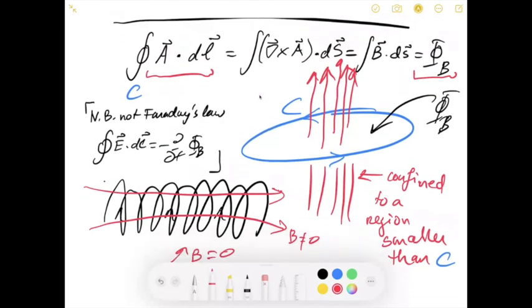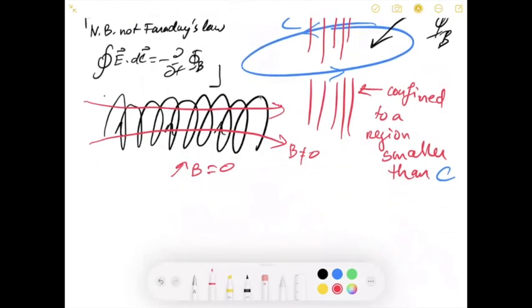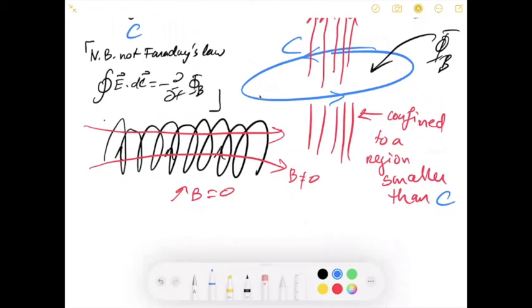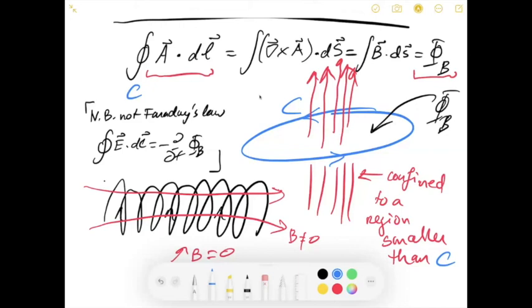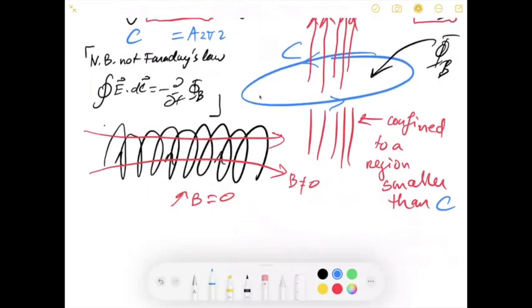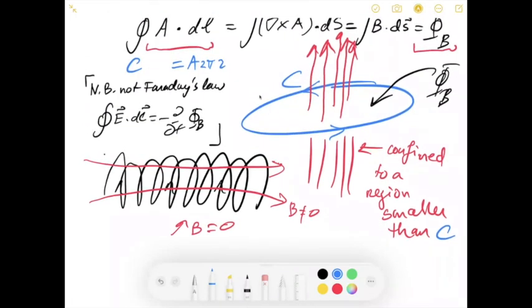Okay, so what does that mean? Well, the vector potential integrated over that contour C is going to be A times 2 pi r. And our phi B is whatever that flux is.